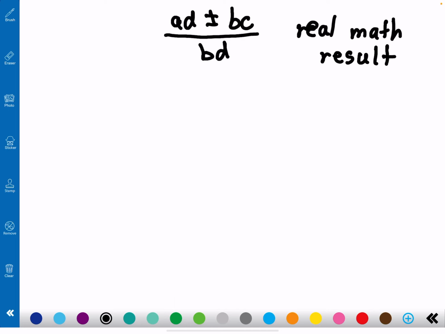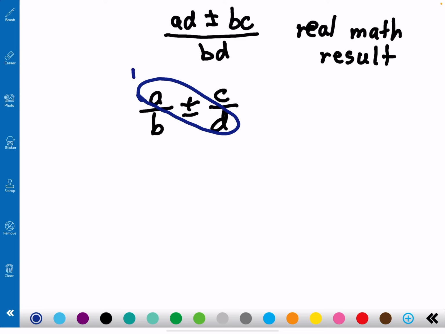Now, let's take another look at this and apply the butterfly technique, a over b plus or minus c over d. Our first multiplication would be the numerator on the left side times the denominator on the right, and that will give us AD. Then you write plus or minus.